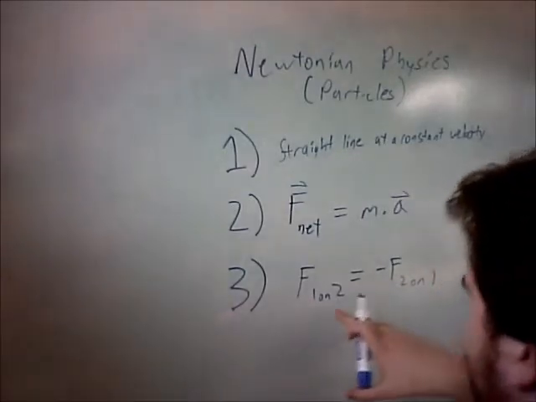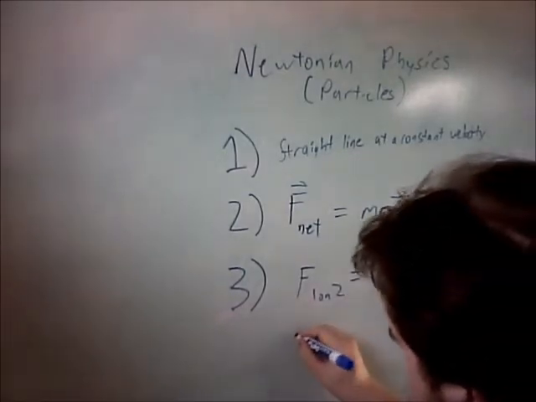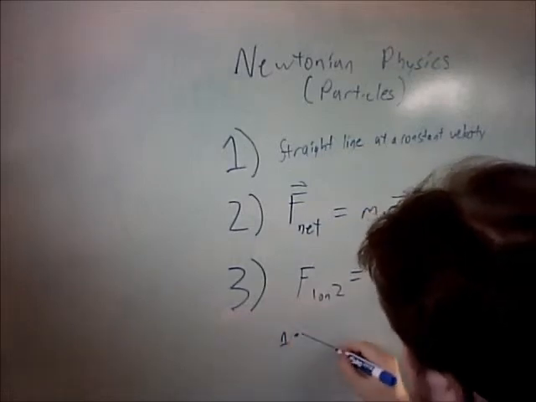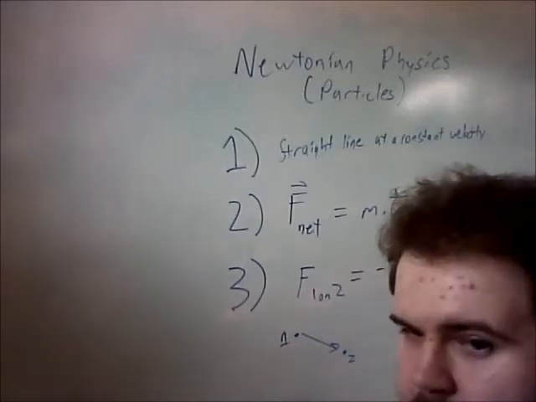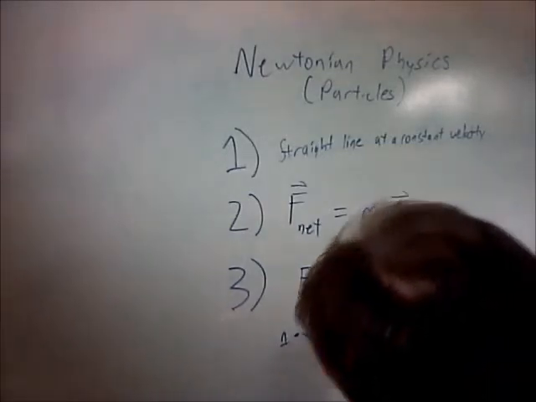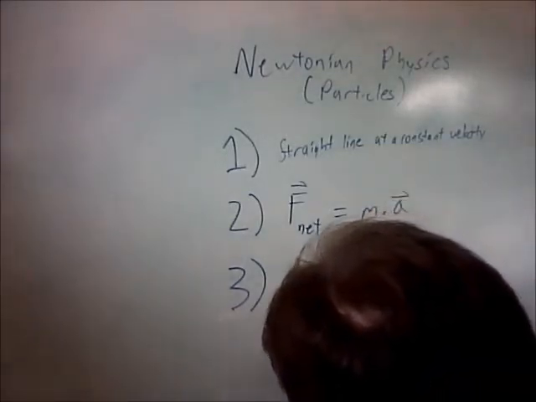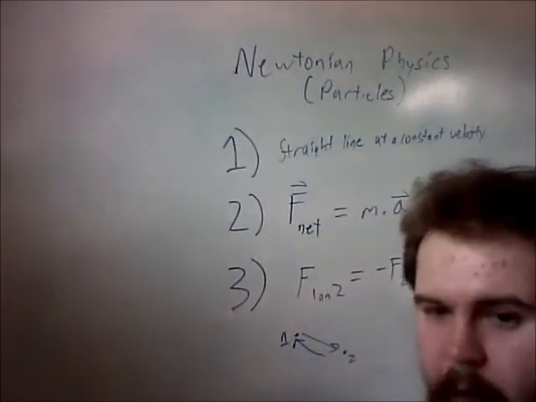That is to say that if you have particle number 1, it acts on particle number 2 with a force. Particle number 2 acts on particle number 1 with the same force, but in an opposite direction.